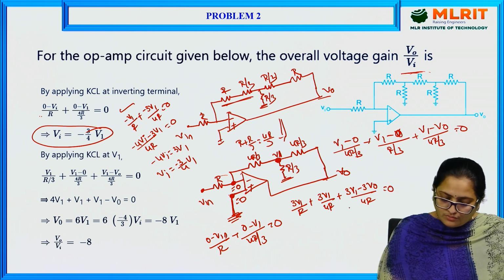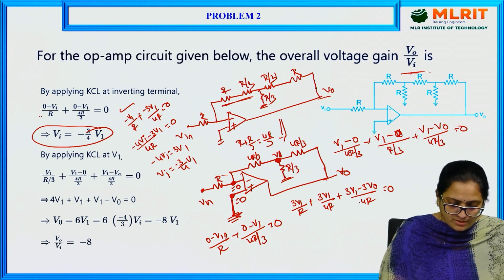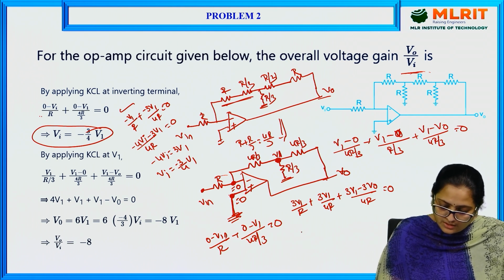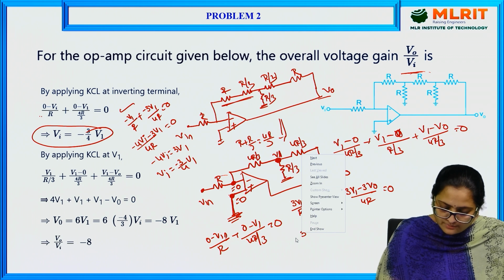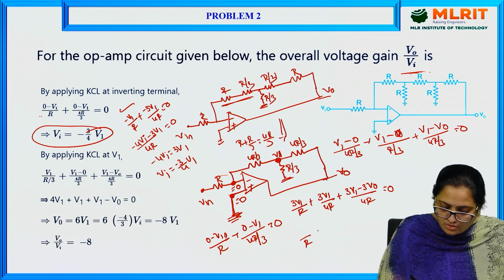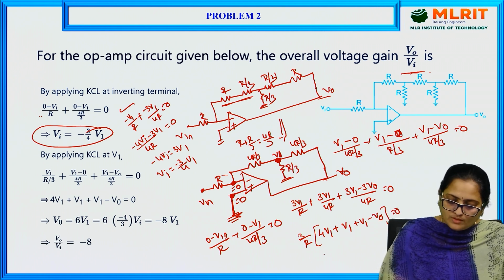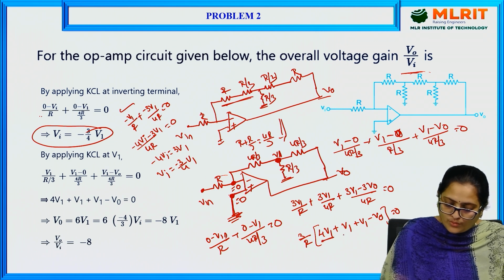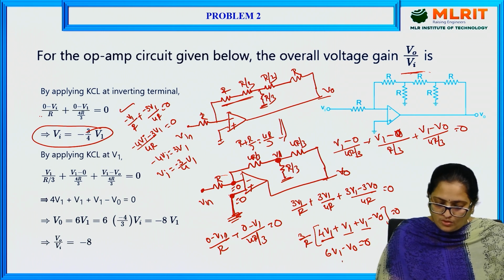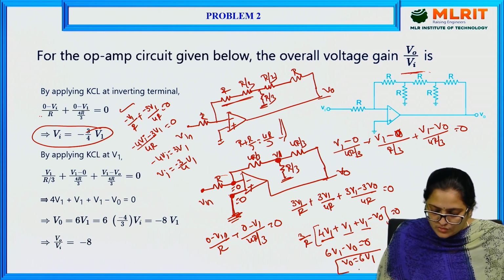If you take 3 by R common, you can write this equation as 4V1 plus V1 plus V1 minus V0 is equal to 0. So you can write it as 6V1 minus V0 is equal to 0. So V0 is equal to 6V1.